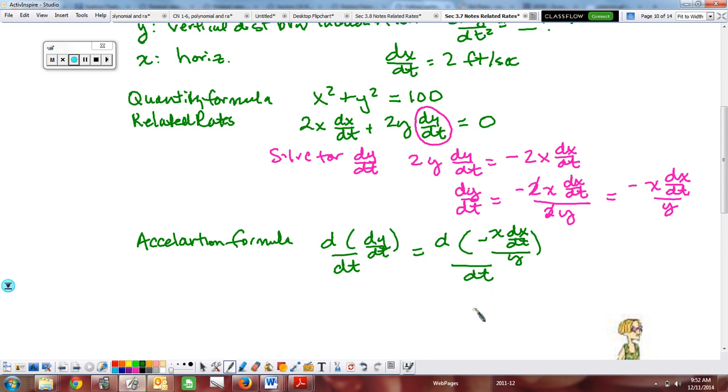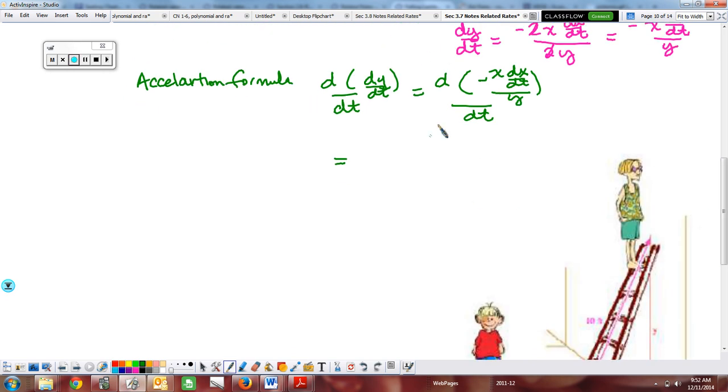And then we're going to use a little bit of our quotient rule, and product rule, because we have that up there. Let's do our low d high, the derivative of the top: negative x times the second derivative of x with respect to t, plus dx/dt times the derivative of negative x, which is negative 1 dx/dt.